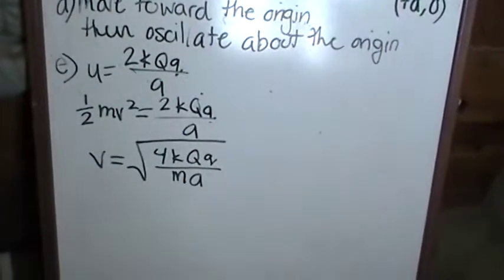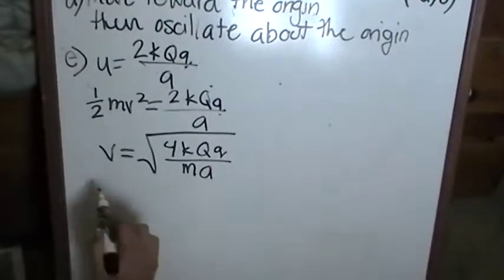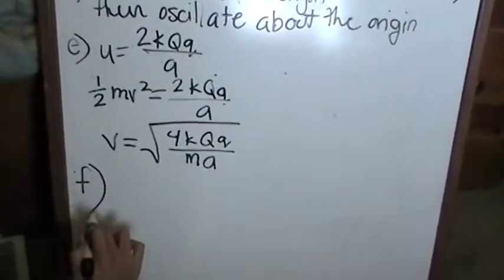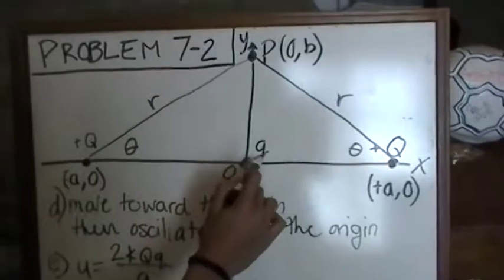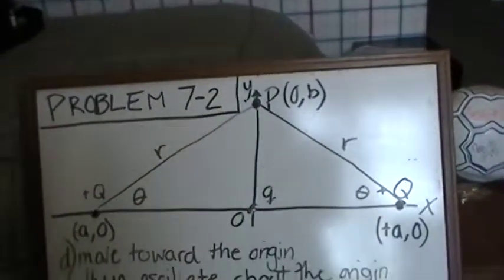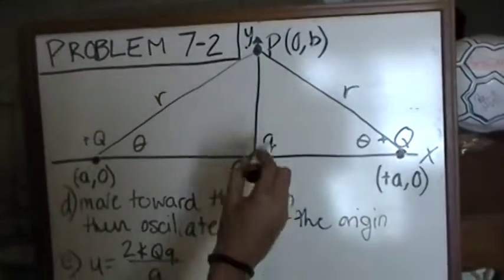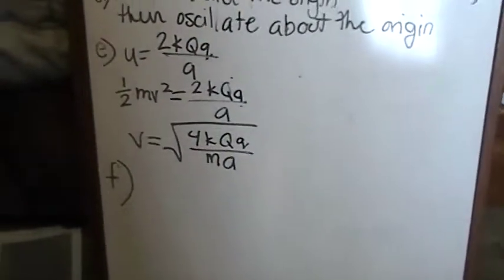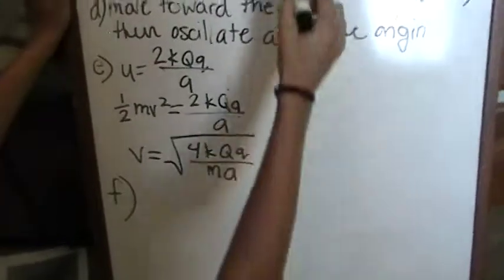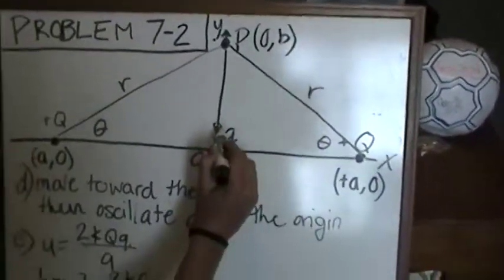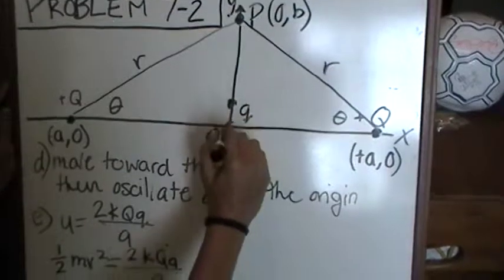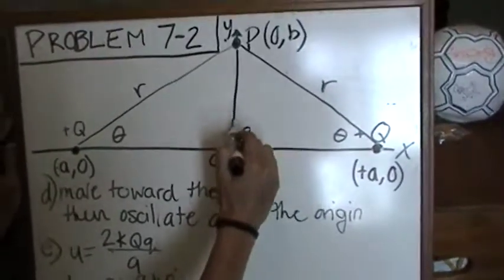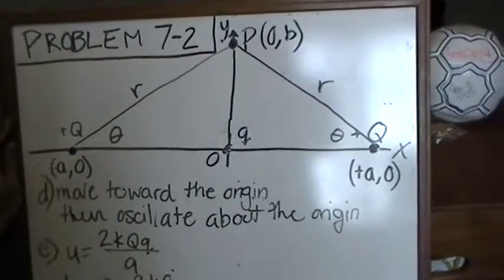Alright, so then you go on to part F. So for part F, Q, this Q up here, is negative and is displaced in the positive y direction, so it's going up. So it's the same as part E, except that Q is negative. So for part F, because it is negative, it is going to move back towards the origin and then oscillate about the origin.